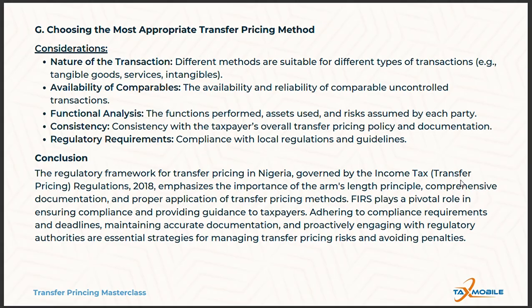Retail Co. buys electronics from its related supplier in country H and resells them in country G. So the appropriate method, which is the resale price method, is the best choice because it aligns with the local tax regulations. So Retail Co. will start with the price it charges its independent customers and subtract a gross margin to determine the arm's length price for the transaction with its related supplier.